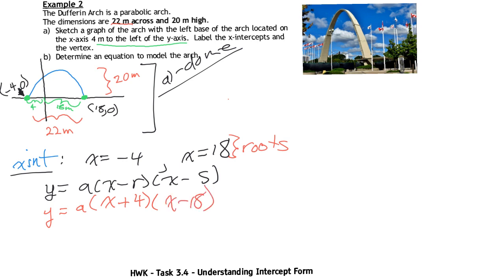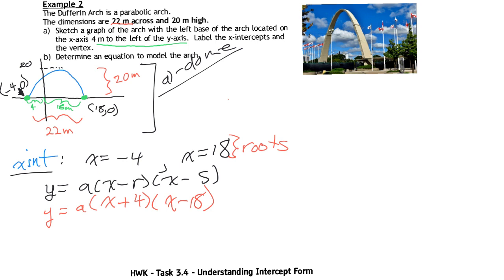Now that I've got that basic setup, it allows me to figure out what my a value is. Let's go back to our graph. We know that up here, the height of the graph is 20, so I know that my y value is going to be 20.